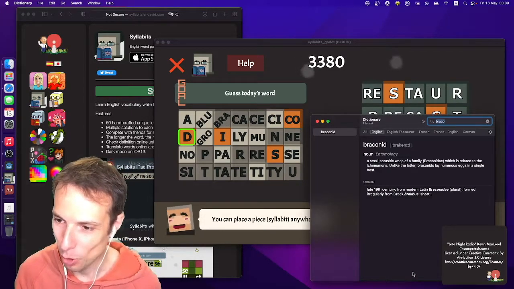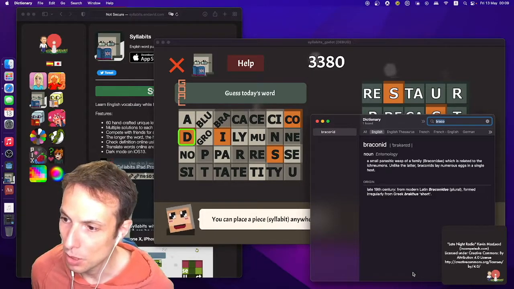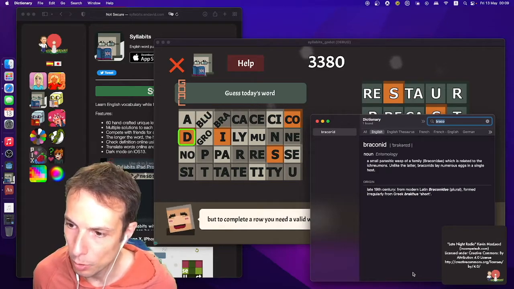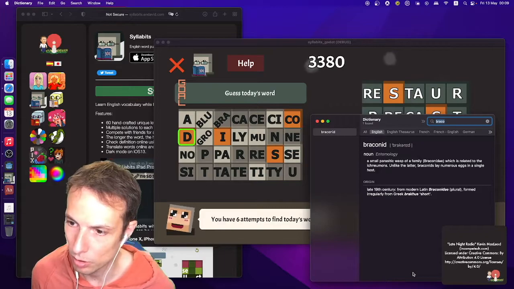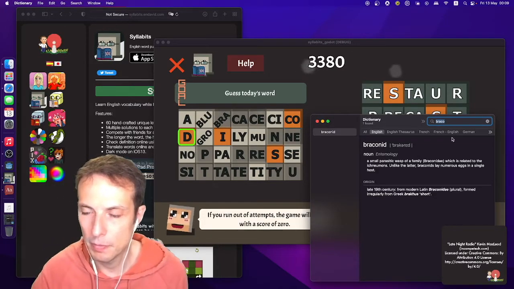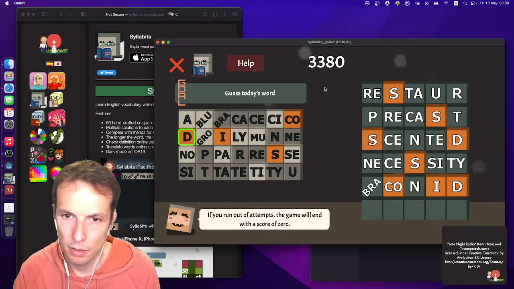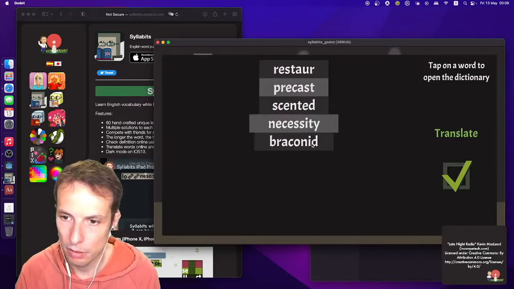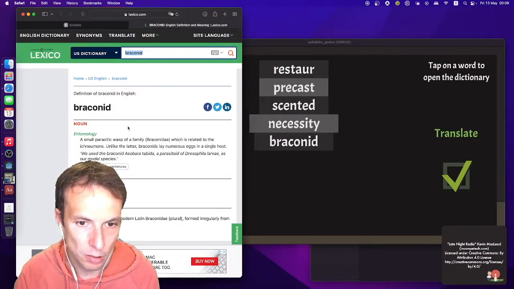What's braconid? A small parasitic wasp of the family Braconidae, which is related to the ichneumons. Unlike the latter, braconids lay numerous eggs in a single host. Interesting. Okay. Oh, you can also click here. It sends you to the Oxford Dictionary from Lexico.